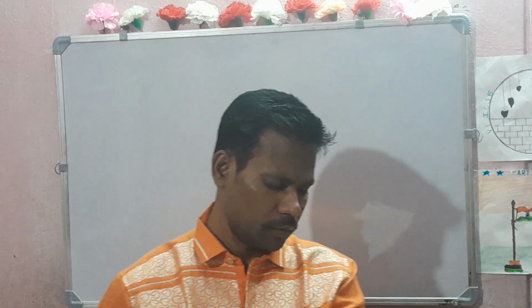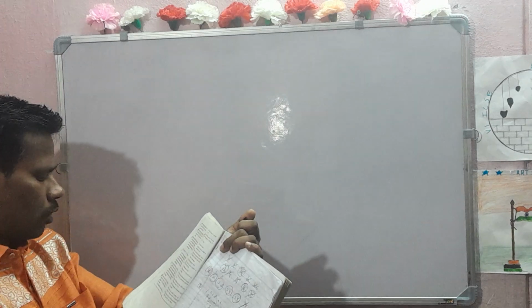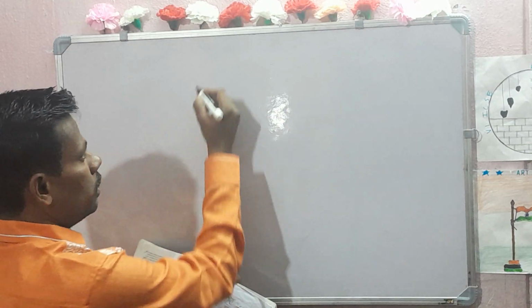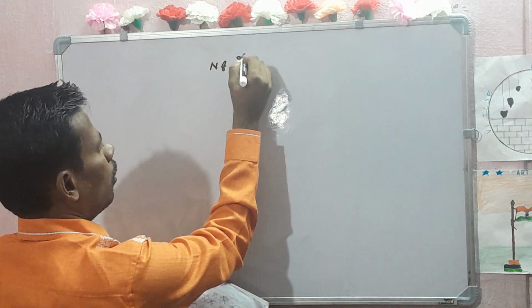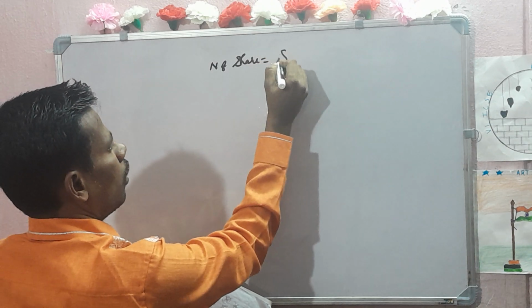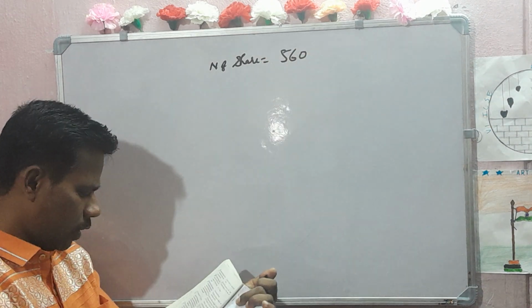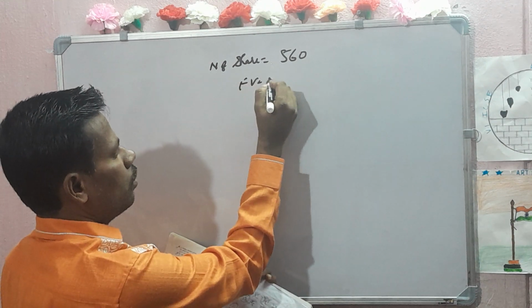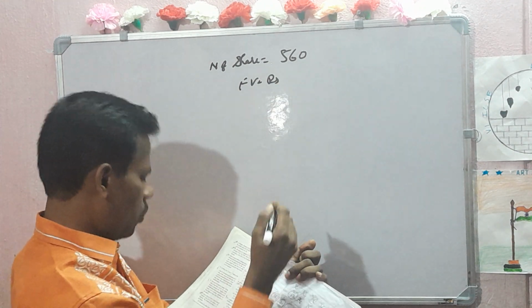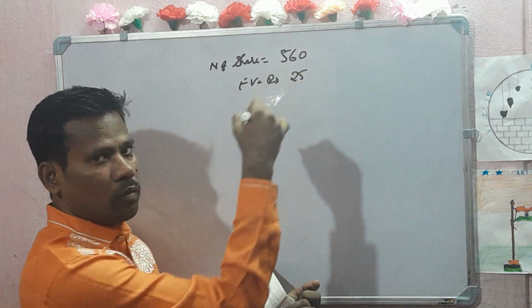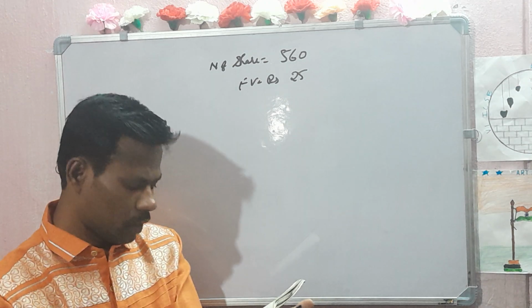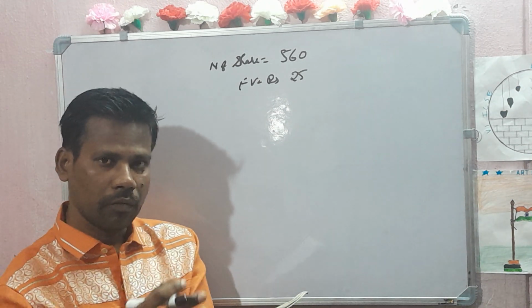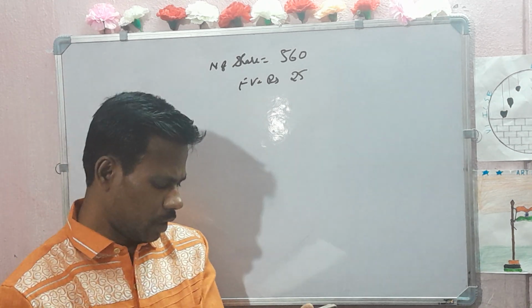First, let me finish off this. Arun owns how many shares? 560 shares. The face value of each share is 25. First, write down the given conditions in the problem, then we will do what he is asking.